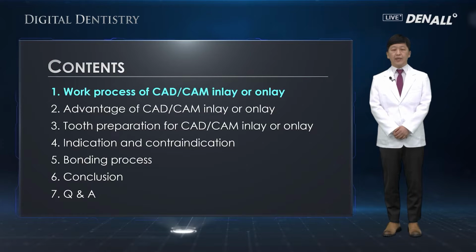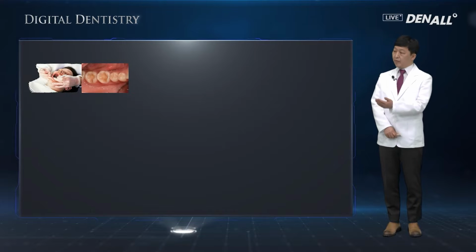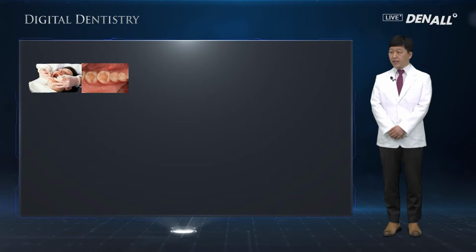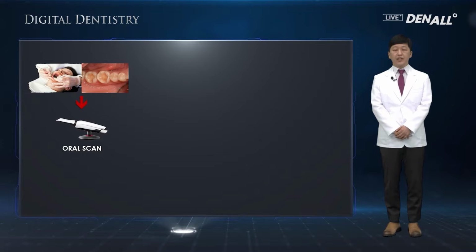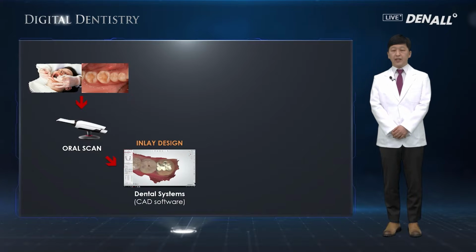First, the work process of CAD/CAM inlay. You prep within the patient's mouth and you take a scan using an oral scanner. Based on the data, using the dental system, the inlay is designed.